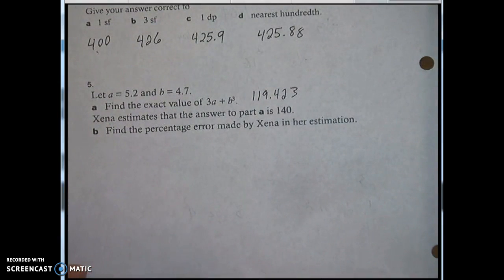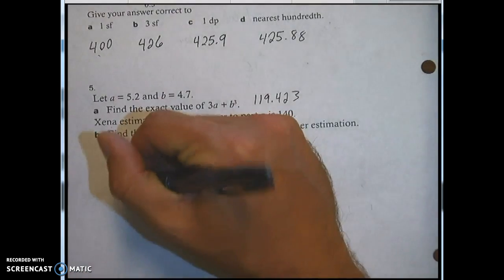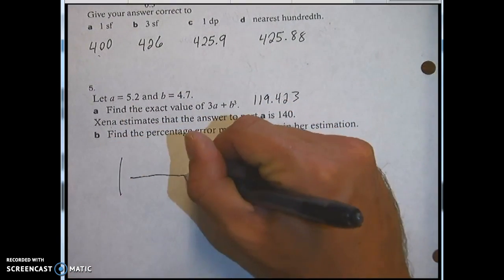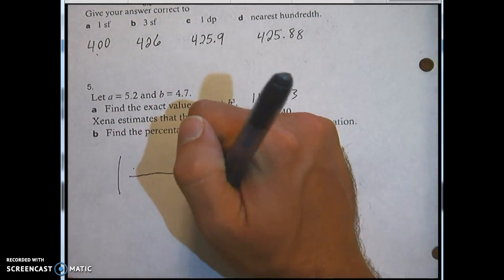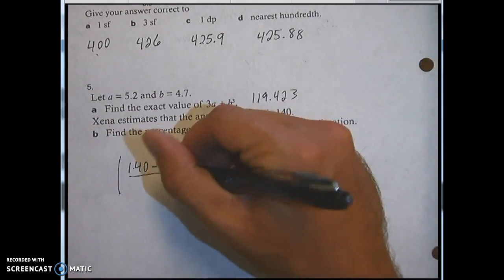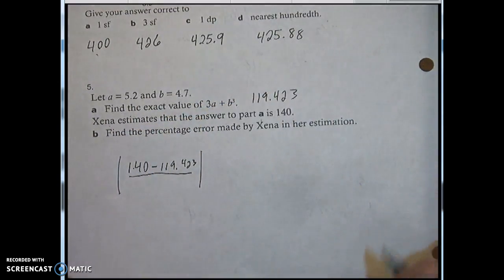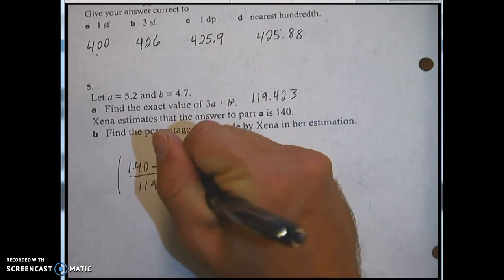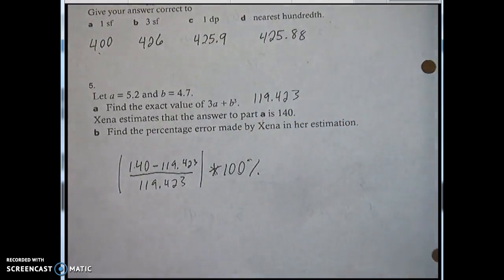Zena estimates that the answer to part A is 140. Find the percentage error made by Zena in her estimation. So remember that it's going to be the absolute value of the approximated 140 minus the exact, divided by the exact, times 100%.